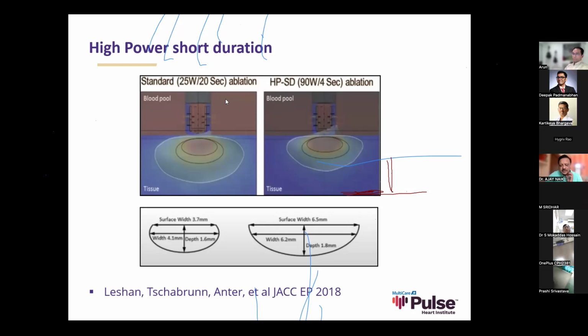Dr. Arun, actually the schematic, although we say shallower lesions, the lesion is larger and actually it is deeper than the image on the left, isn't it? Oh yeah, that's right. But the surface width is higher actually. Yeah. 90 into 4 would be 360, and here it is 500 actually.